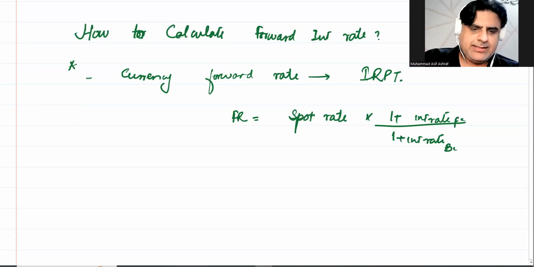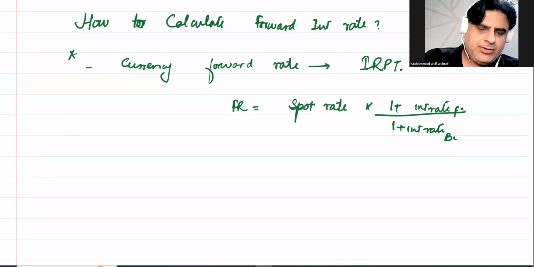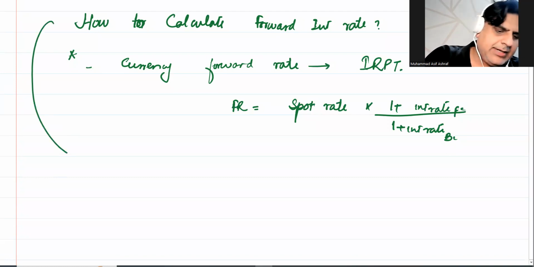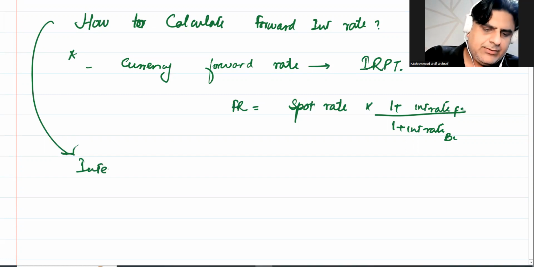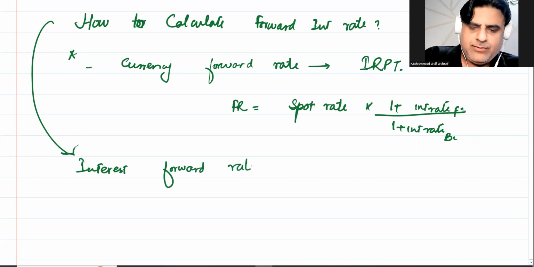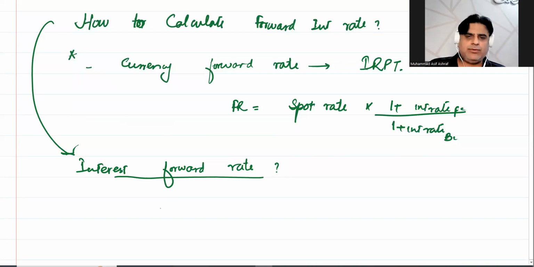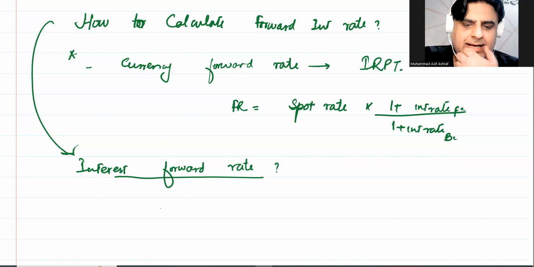But my topic is not currency forward. My topic is how to calculate interest forward rate, because it may be a problem for a large number of students. They know how to deal with FRAs, forward rate agreements for interest rate hedging.